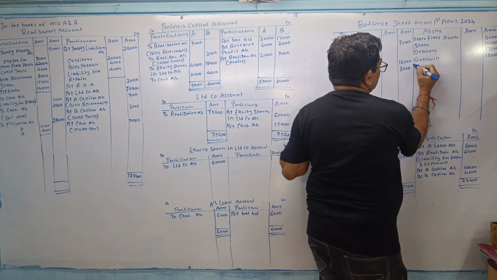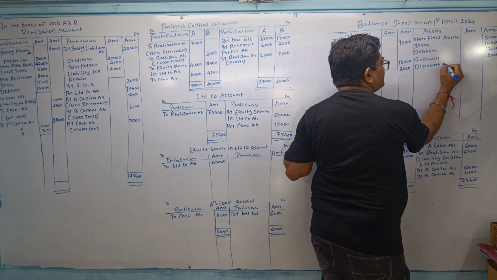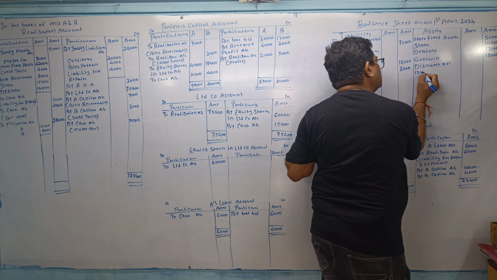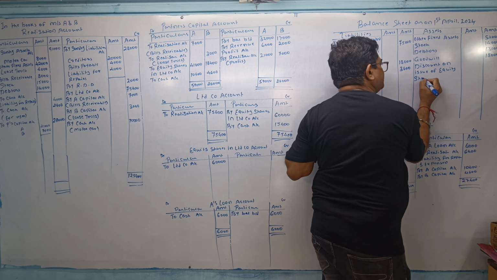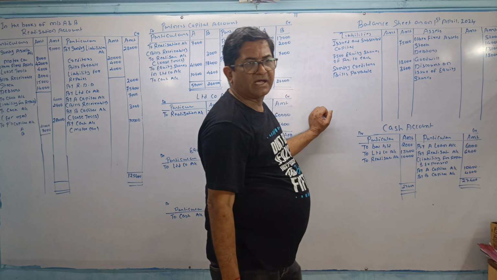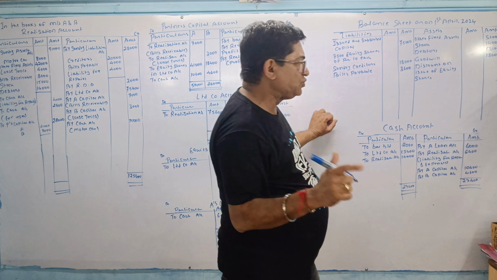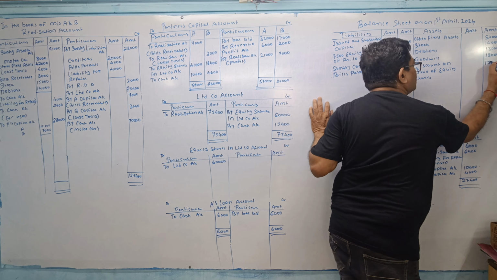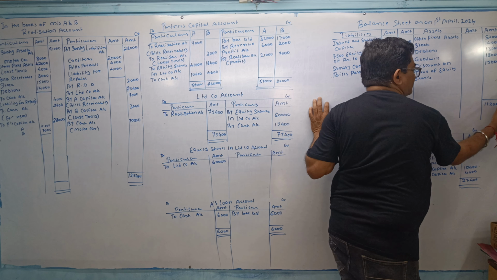अभी लास्ट में डिस्काउंट ऑन इश्यू ऑफ इक्विटी शेयर्स। अभी देखो 10 रुपीज का शेयर था, 8 रुपये में बेचा, सो 2 रुपये का डिस्काउंट है। 7,500 into 2, 15,000 डिस्काउंट, so 1,12,000.